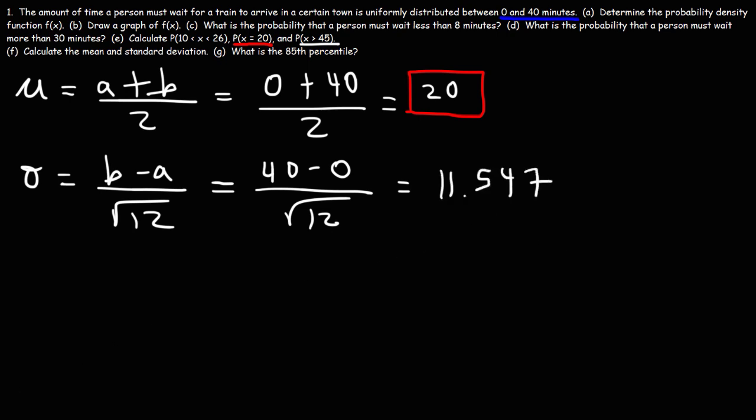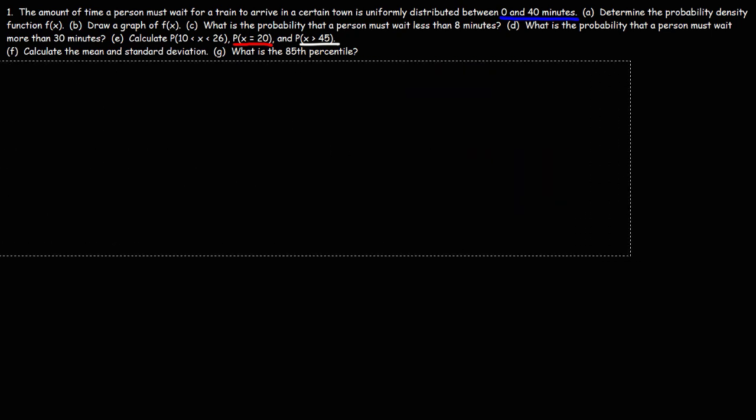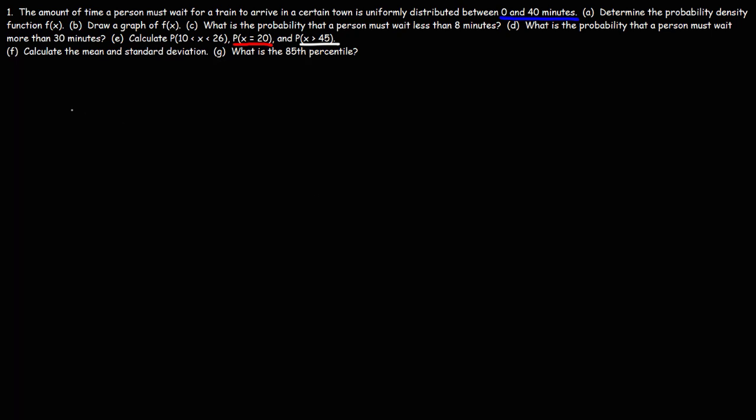So you can round that to 11.5 if you want to. So that's how you can calculate the standard deviation for this problem. Now, what is the 85th percentile? Feel free to pause the video and try it if you want to.